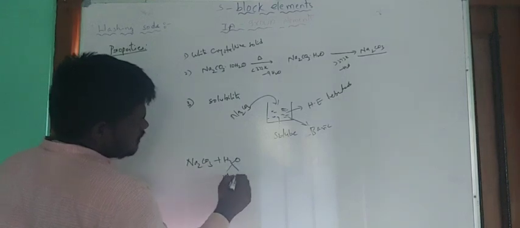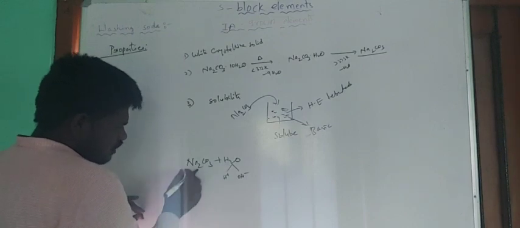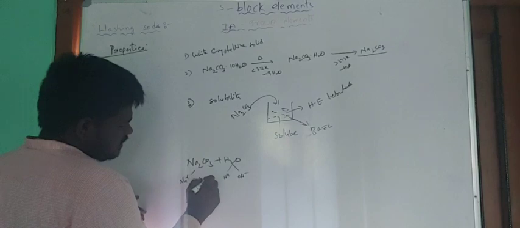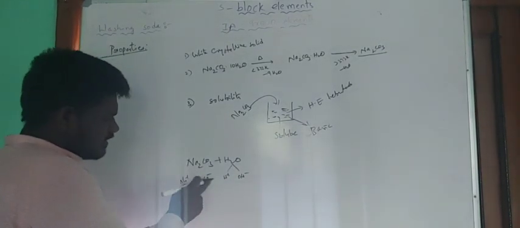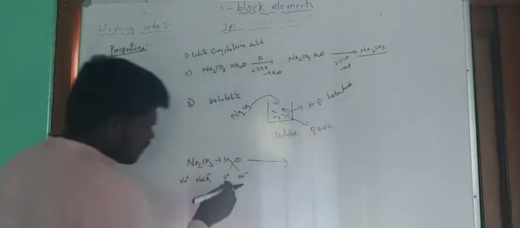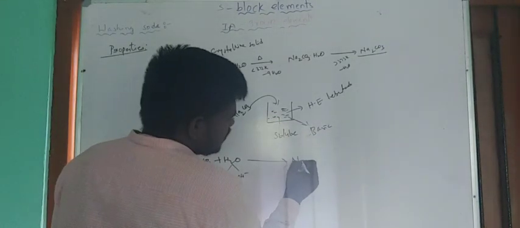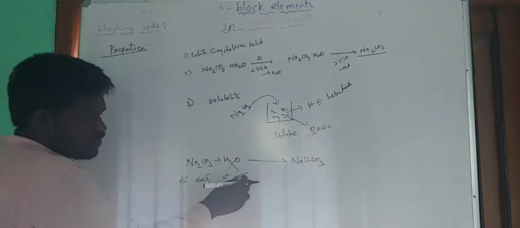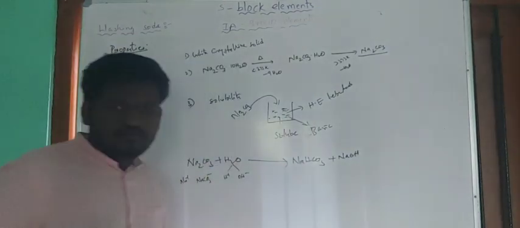In water, H+ ions and OH- ions are present, and in Na2CO3 we have Na+ ions and CO3 2- ions. The H+ combines with the carbonate and gives us NaHCO3, and the Na+ combines with OH- and gives us NaOH.